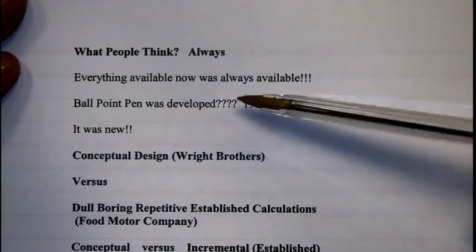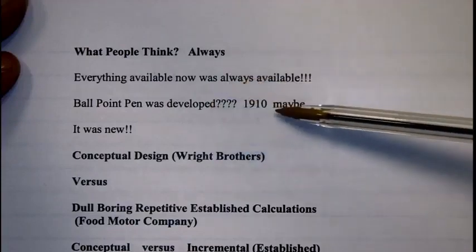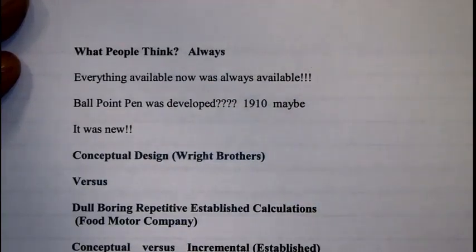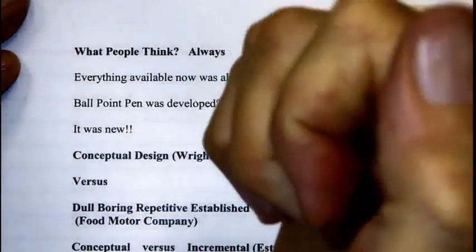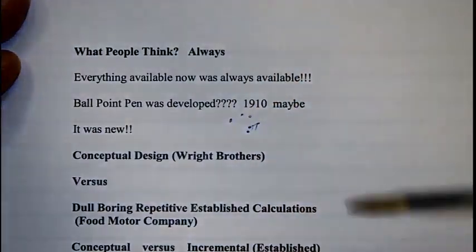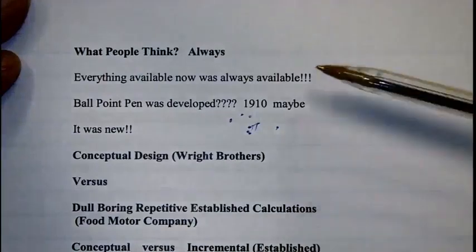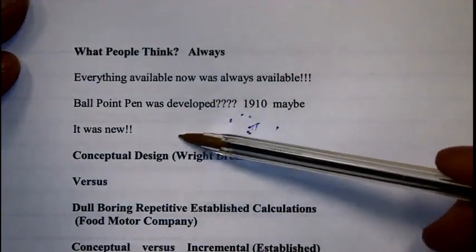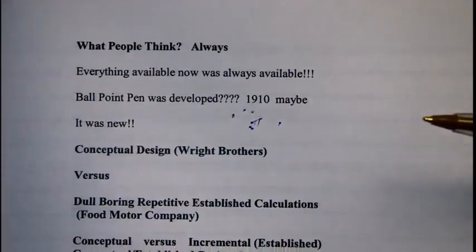Anyway, no, the ballpoint pen was developed maybe around 1910. At that point, it was entirely new. The design problem was trying to get a ball in a pin-type configuration to be able to withstand an impact. Everybody with a ballpoint pen is going to start doing that to it, and you don't want it to break. So ballpoint pens, when they first came out, were about $15, I think.